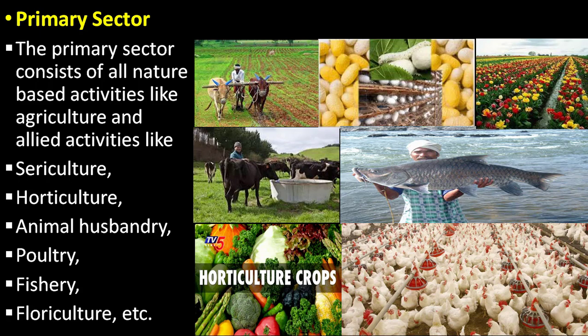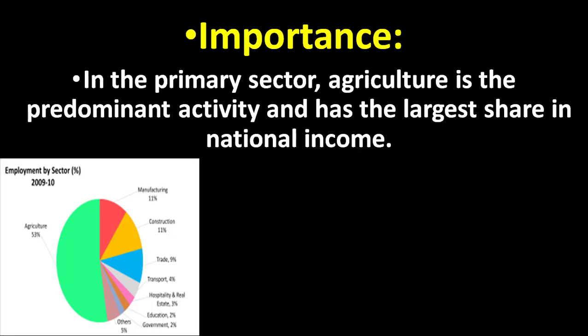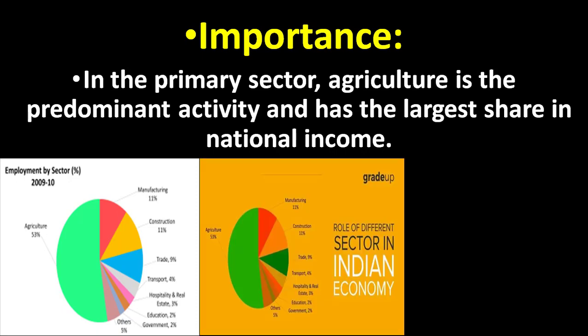The primary sector consists of all nature based activities like agriculture and allied activities like sericulture, horticulture, animal husbandry, poultry, fishery, floriculture, etc. In the primary sector, agriculture is the predominant activity and has the larger share in national income.